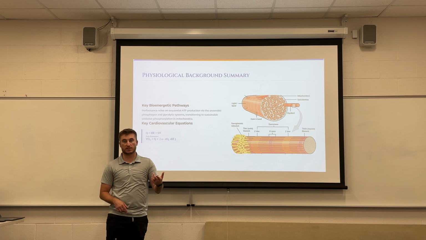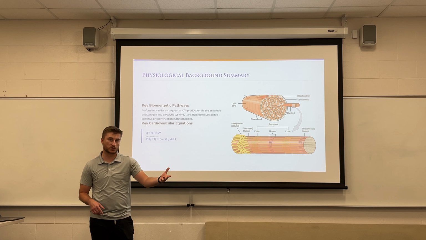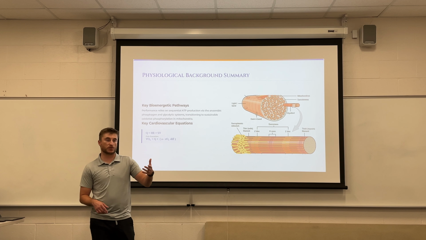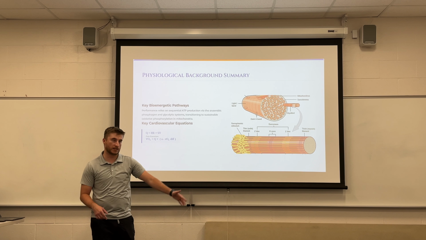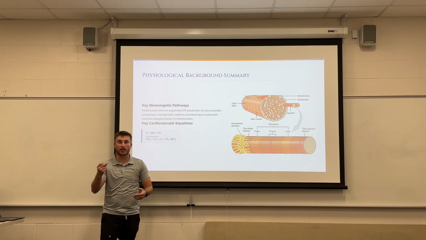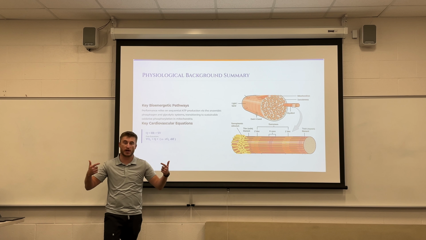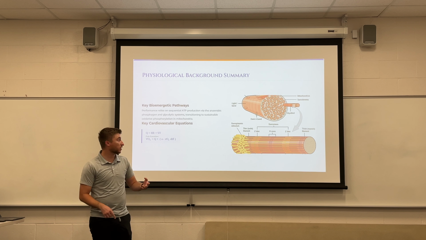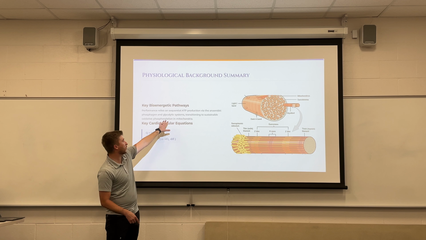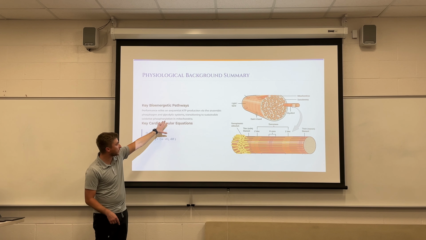So what that's saying is, for instance, in quick exercises, we use a different form of energy, which is the ATP-PC, right? That type of energy, because it's quick, allows us to get it really fast so that we can start our exercise. Then it switches and goes into more of the glycolytic systems.